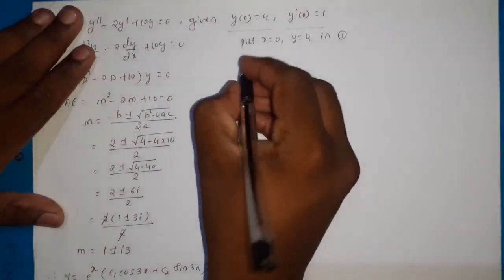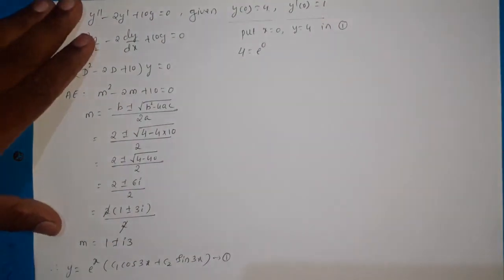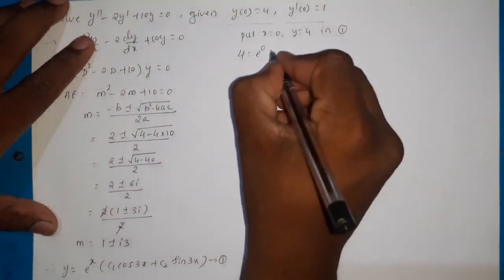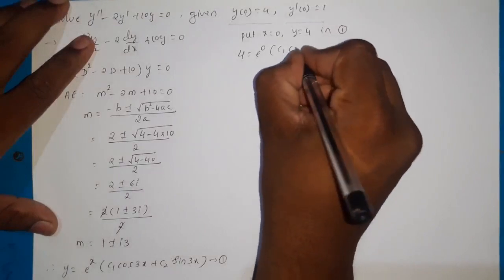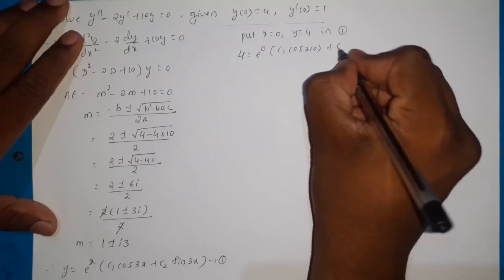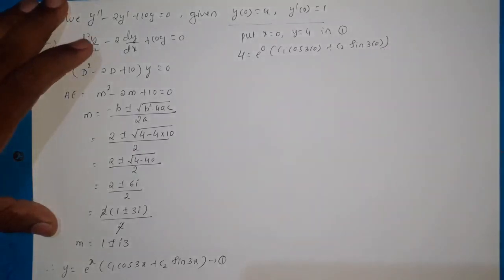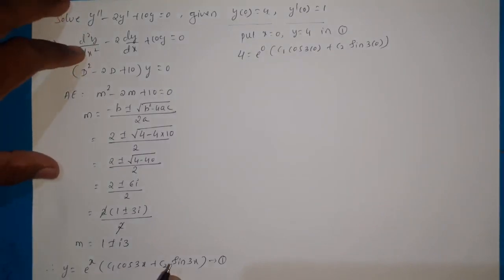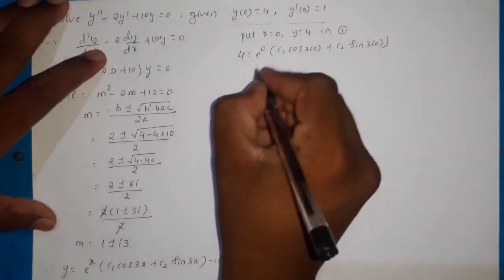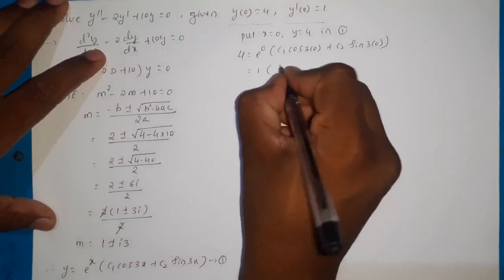Then the equation becomes 4 is equal to e power 0, because it is e power x, then into c1 cos 3 into 0 plus c2 sin 3 into 0. Wherever x is there we need to substitute 0, and we know that e power 0 is 1, then it is c1.